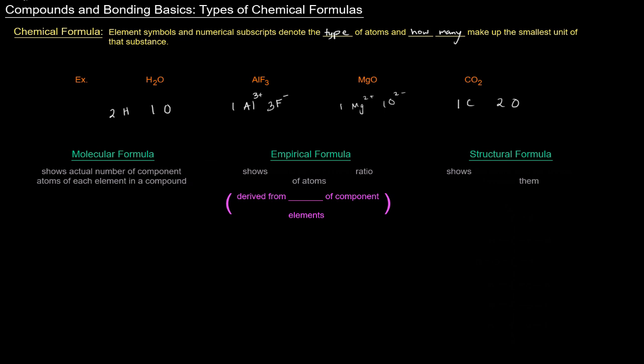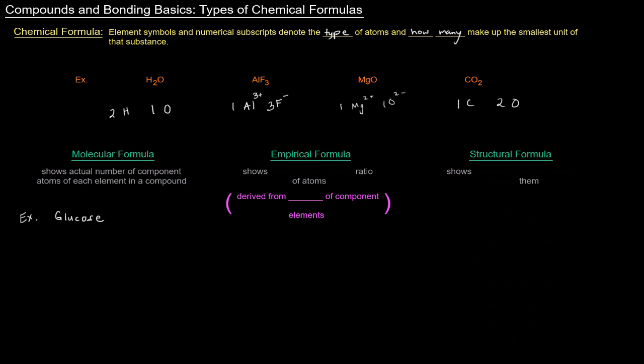The best way to explain this is with an example, and I'm going to use the example of glucose for all 3 of these types of formulas. Now, glucose is a sugar, a monosaccharide. You don't need to know what monosaccharide means, at least not yet. But if you do, awesome. So I want the molecular formula of glucose.